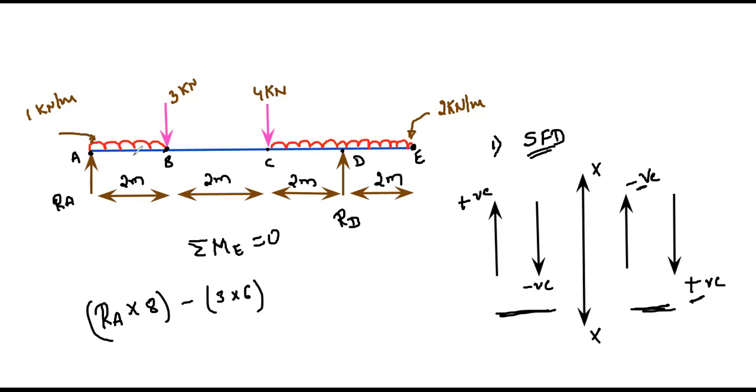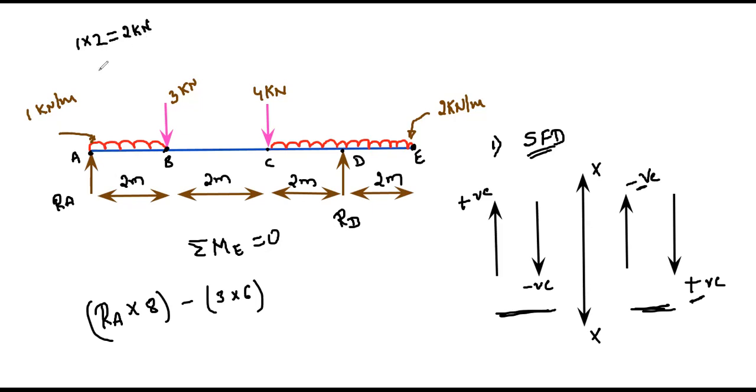Then we have UDL between A and B, a uniformly distributed load. We know how to convert this UDL into a point load: the intensity 1 kilonewton multiplied by the length of 2 meters. So we'll get 2 kilonewton.